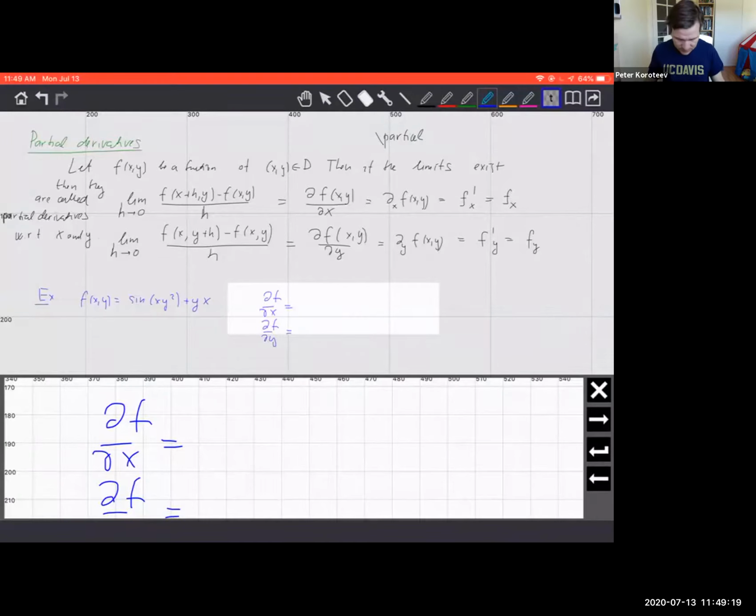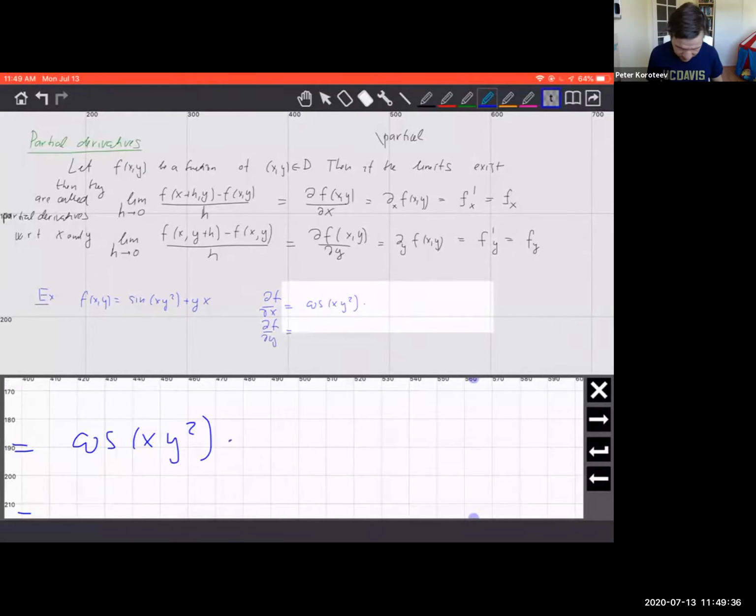First, you treat y as a constant when you calculate df over dx. So it will be cosine of x y squared times the derivative of the argument, but here only x is the variable. So it will be like this.